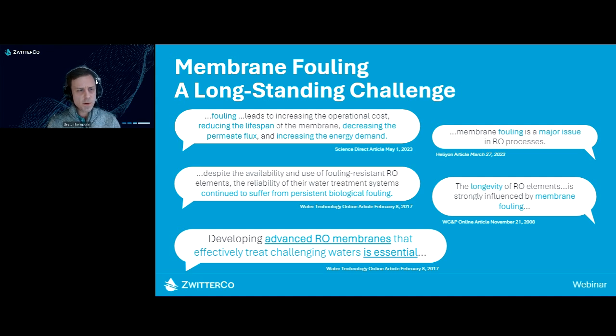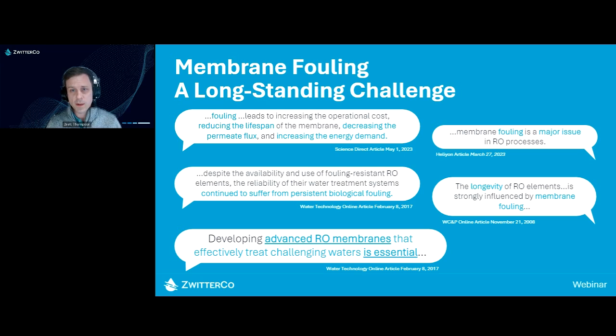This slide shows some quotes that have been happening over a long period of time. Membrane organic fouling has been a long challenge that we've been facing in the membrane industry, especially with landfill leachate. Organic fouling reduces the life of membranes and requires replacement.